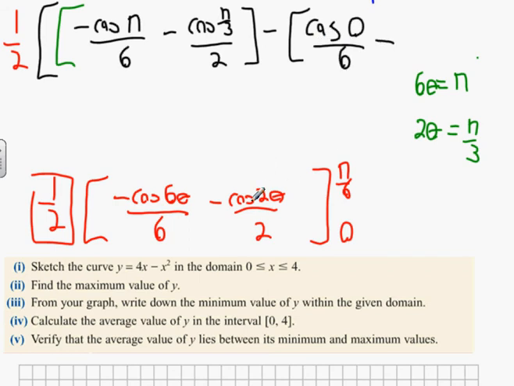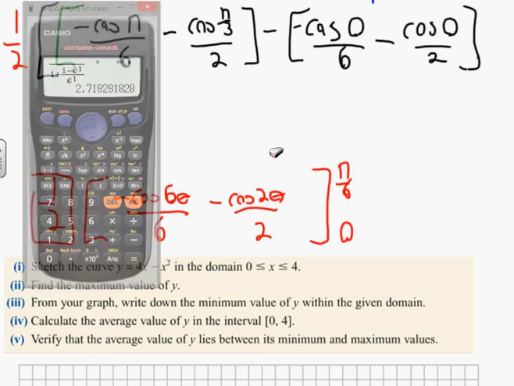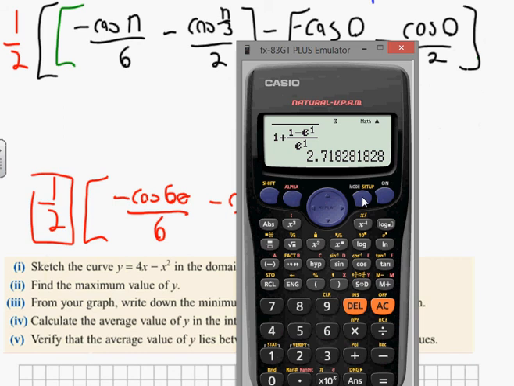And then 2 times theta is 2 times 0, which is minus cos 0 over 2. What we're going to do next is put that into our calculator. We can use radians if you want. Just go to your setup, make sure you're in radians, which is number 4.